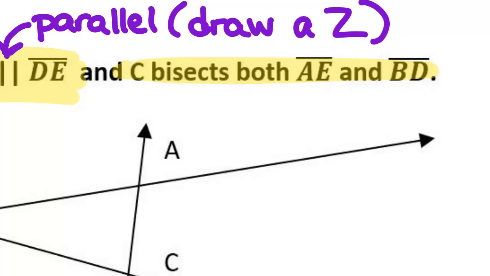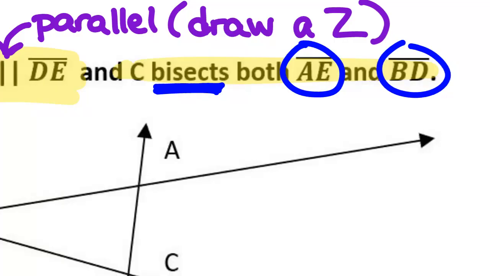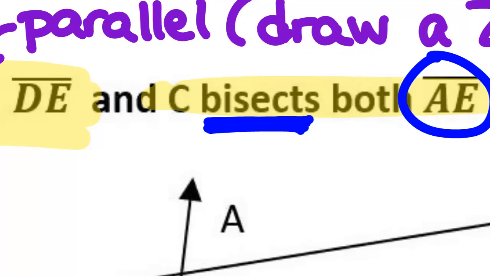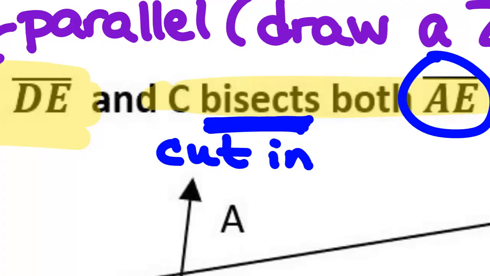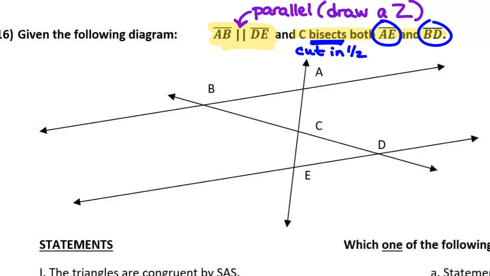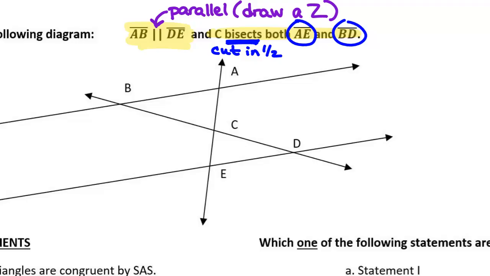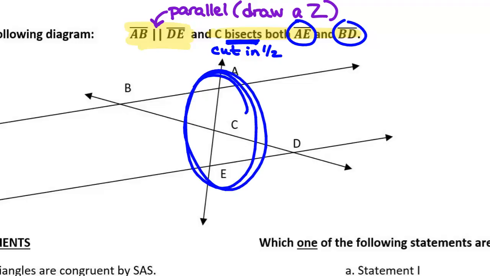Then it says C bisects both AE and BD. What does bisect mean? Cut in half. It says it's doing that to AE. Well, here's AE.